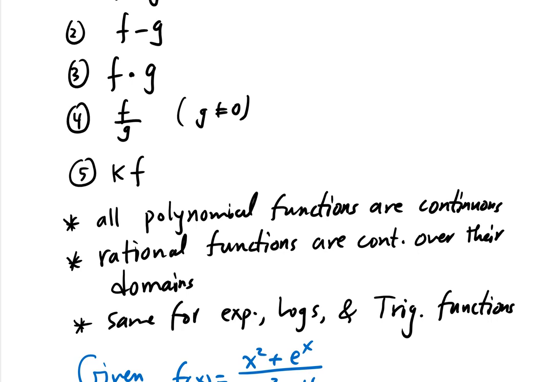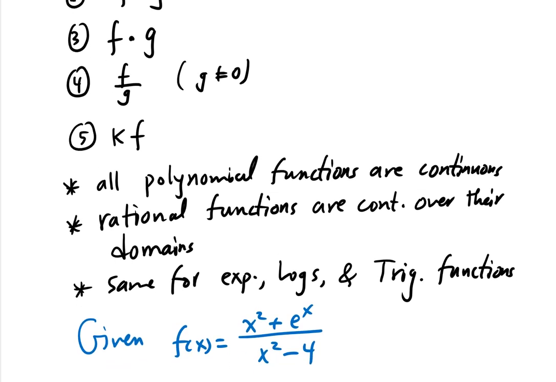And to see how to apply this, if we look at this example, is this function continuous? We're not going to graph it, but instead we're going to look at this one. The first thing is x squared is continuous, and e to the x is continuous. Hence, their sum, the top sum, is continuous.